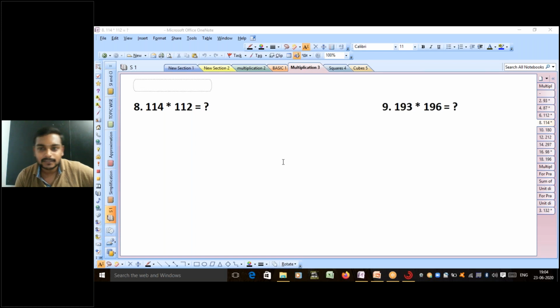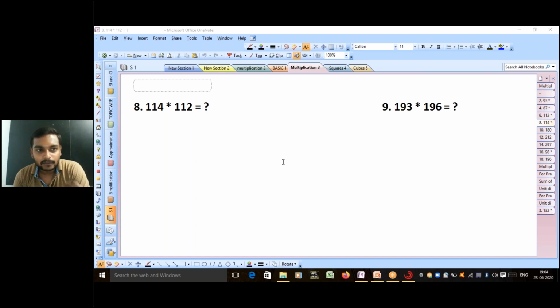Don't use pen and paper for simple calculation. Just observe the number. From 100 it is 14 more, it is 12 more. So 14 into 12, which is equal to 168, but we are supposed to get only 2 digits, which is 68, and 1 will be the carry.